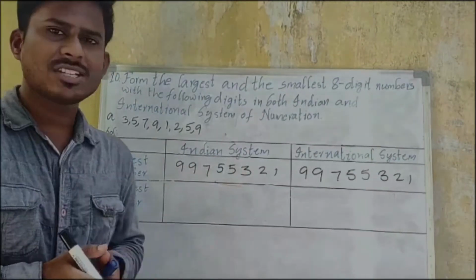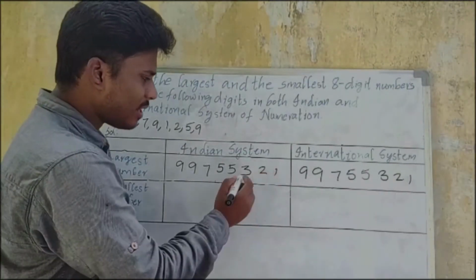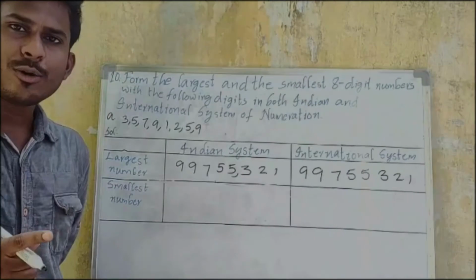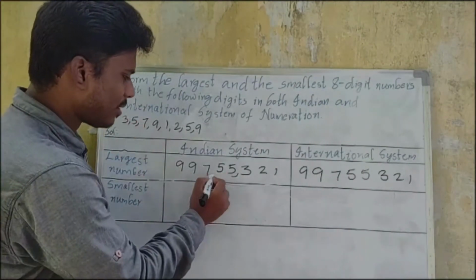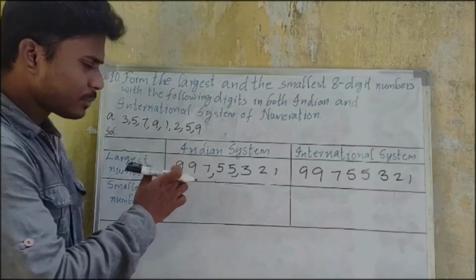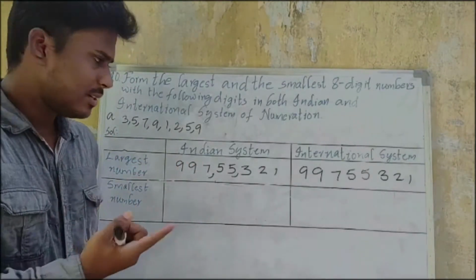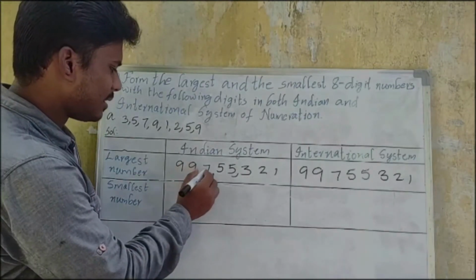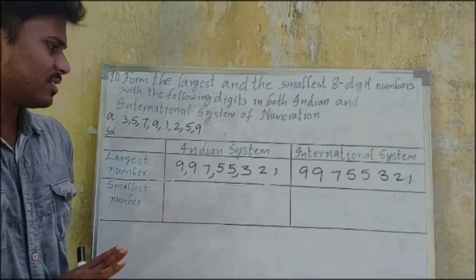Now here in the Indian system of numeration we have first the ones period with 3 places: ones, tens, hundreds. Then the thousands period, only 2 places. So after 2 places insert a comma. After that 2 places in the lakhs period, so lakhs, 10 lakhs. Then the crores period, and we have only 1 digit here.